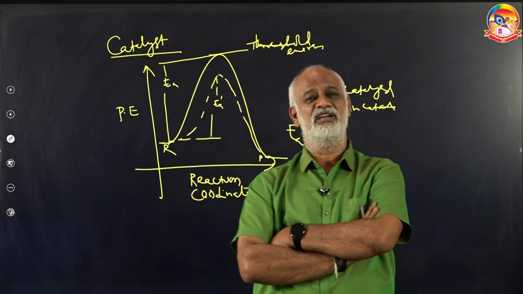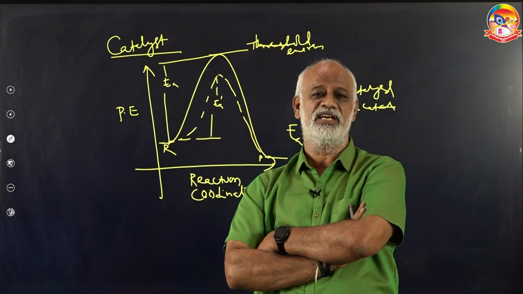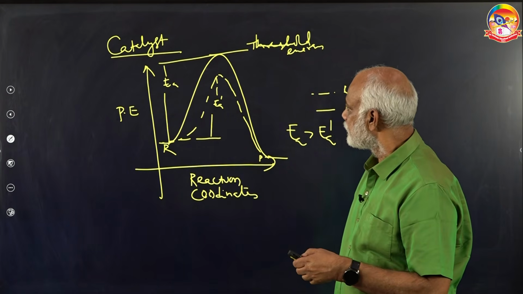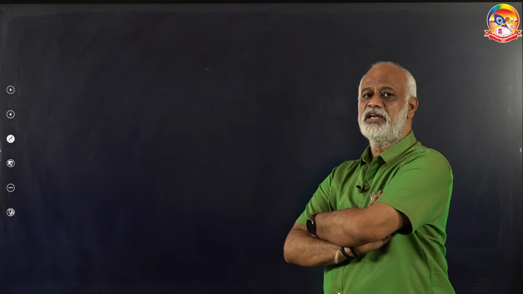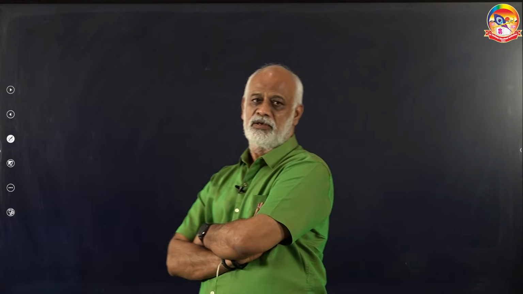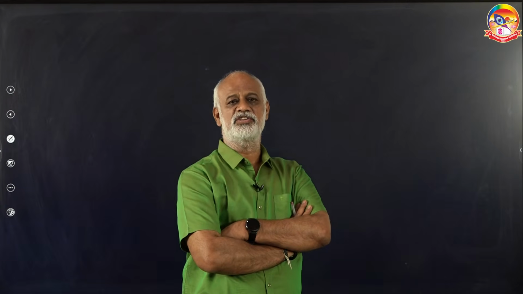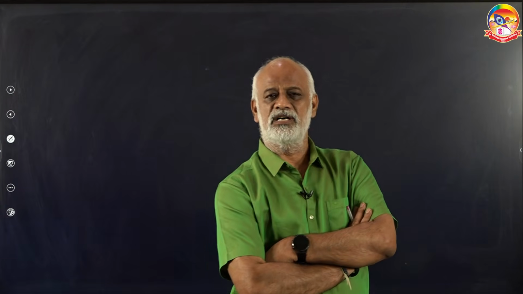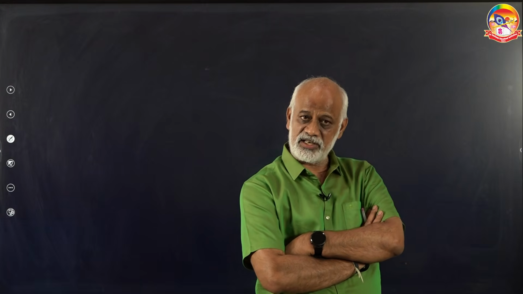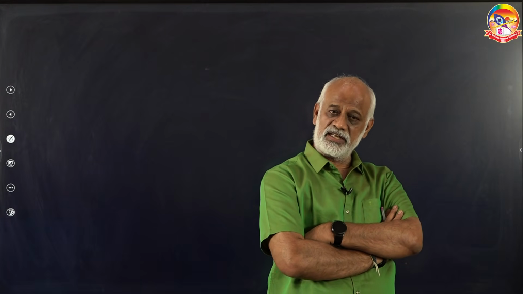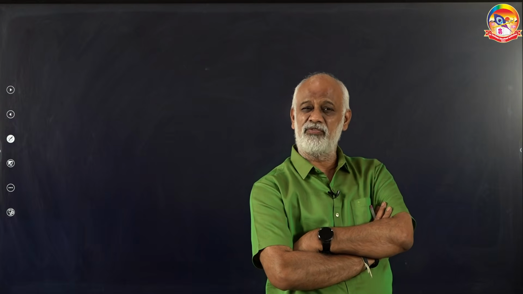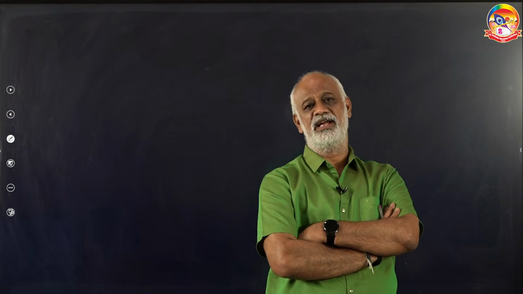Catalyst increases the rate of reaction by decreasing the activation energy. What are the other factors? One factor that we discussed is the nature of reactants. Another factor is temperature. The third factor is a catalyst. Sometimes in certain photochemical reactions, the greater the intensity of light, the faster will be the reaction.